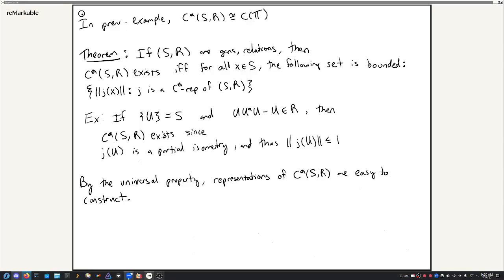All you have to do is find any C-star representation for that set of generators and relations. And if you don't care about the range of your representation, then you can choose any operators you like as long as they satisfy the relations. But it's really hard to prove that such a representation is faithful.